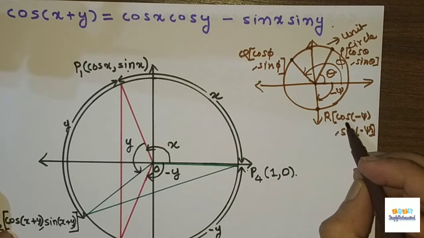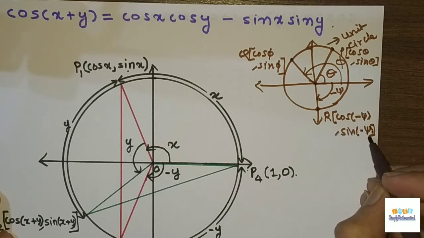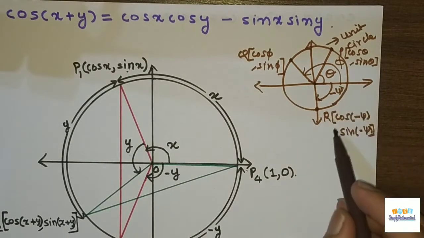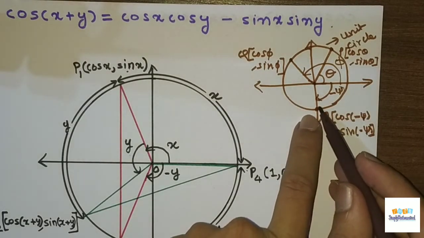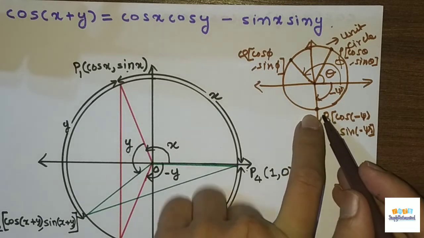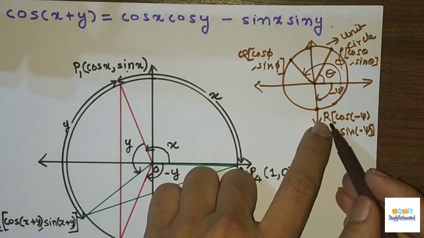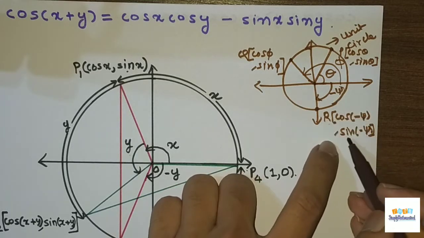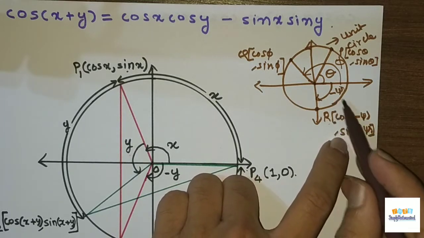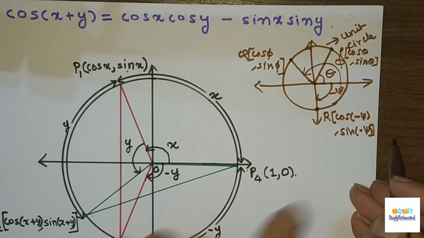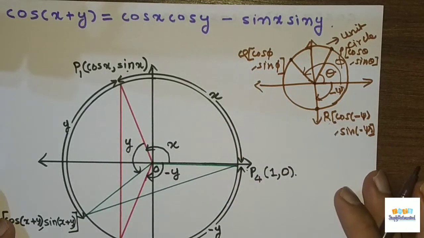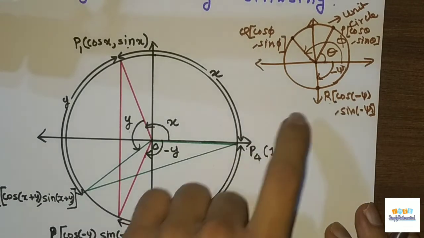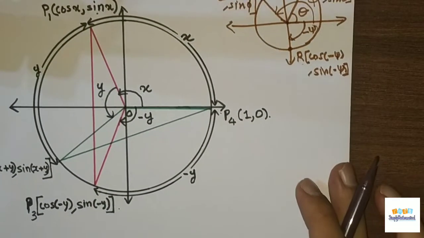So R will be (cos(-psi), sin(-psi)). You have to understand this to understand this proof. That is the basic thing you have to understand first.